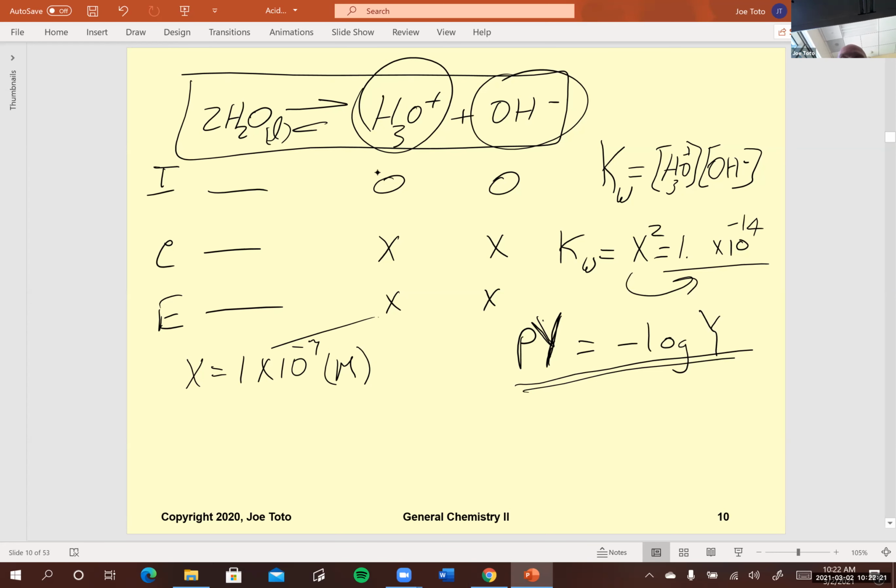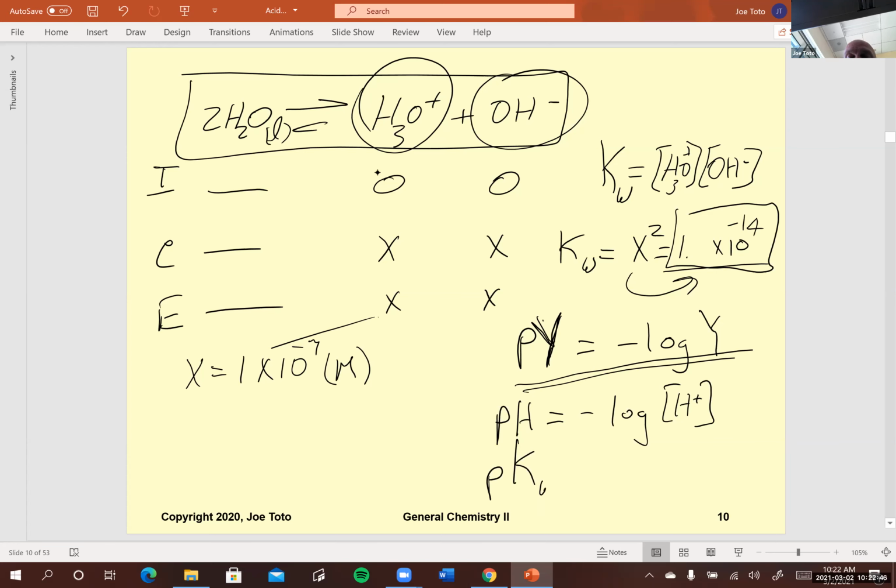Some graduate student probably did it because they didn't want to talk about concentrations and powers of 10. They just wanted to reduce it to whole numbers. So we can define what's called the pH, which is minus the log of H plus or H3O plus. Or I can say pKw, which is minus the log of Kw.